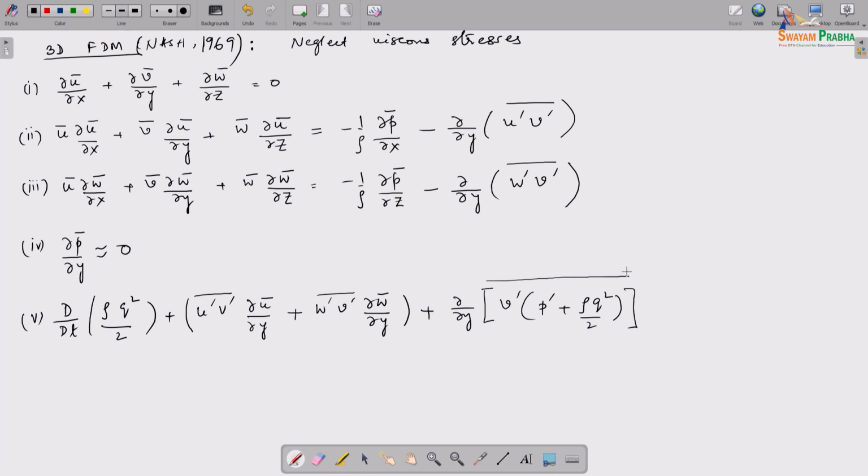So this is the turbulent energy equation.